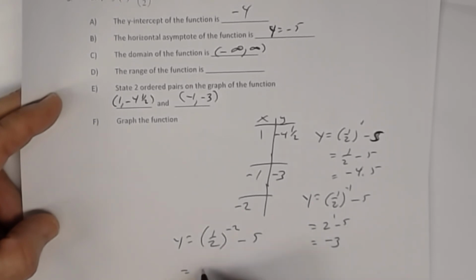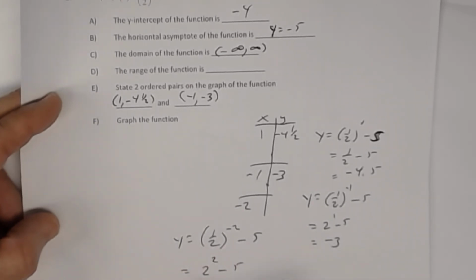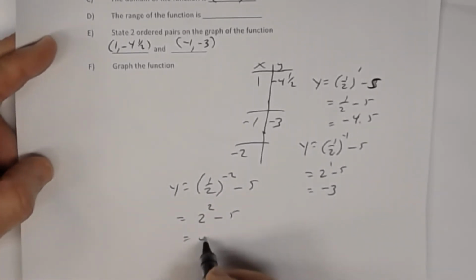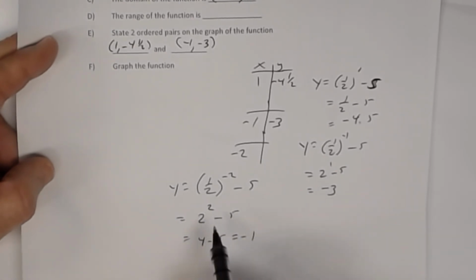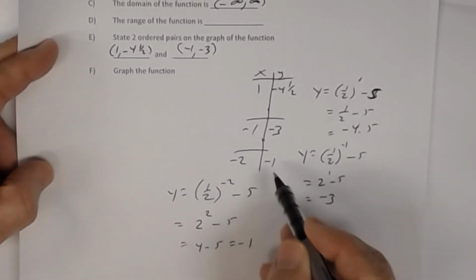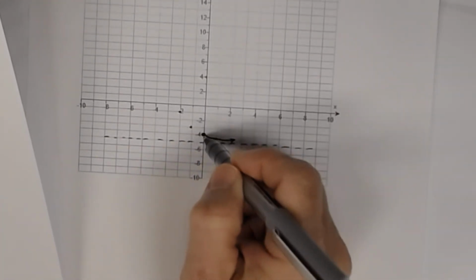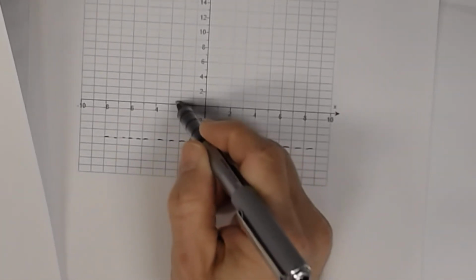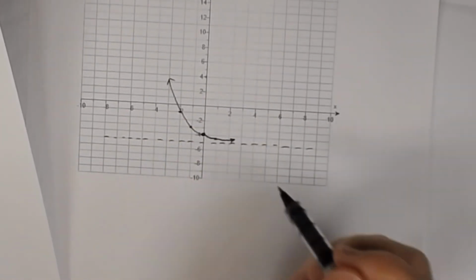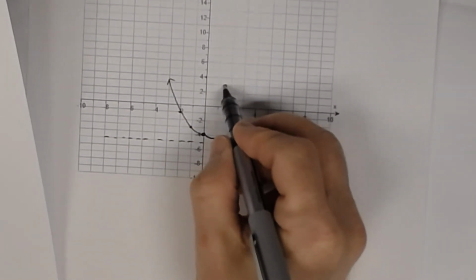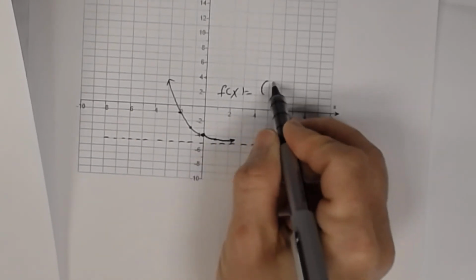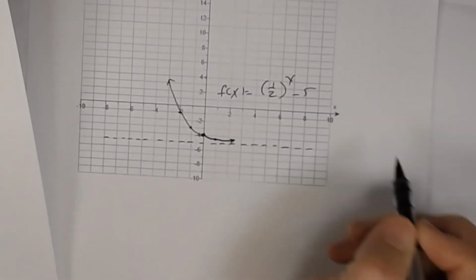So the reciprocal of 1/2 is 2, so I get 2 squared minus 5. Well, 2 squared is 4, and 4 minus 5 is negative 1. So I get the point negative 2, negative 1. So negative 2, negative 1 is here. And so I get something that looks like this. Just do the best you can with drawing that graph. So that's the graph of f of x equals 1/2 to the x minus 5.